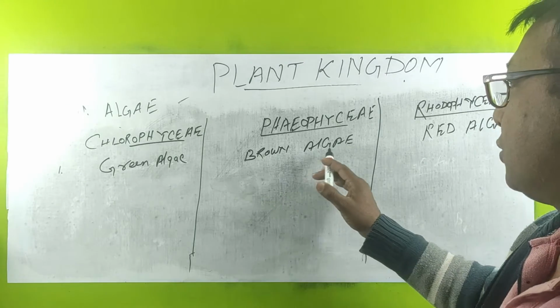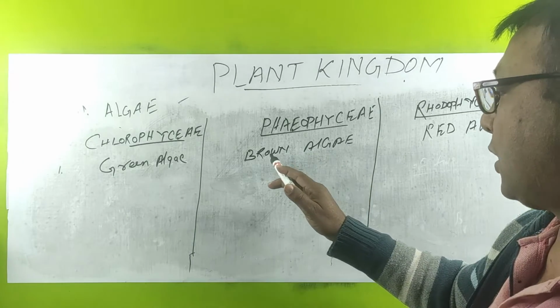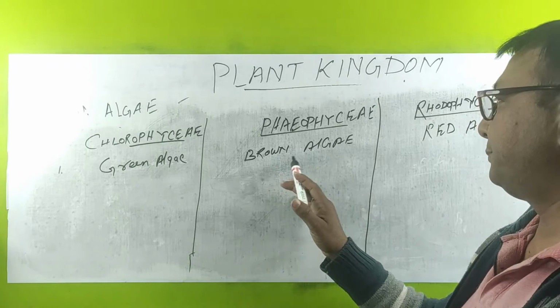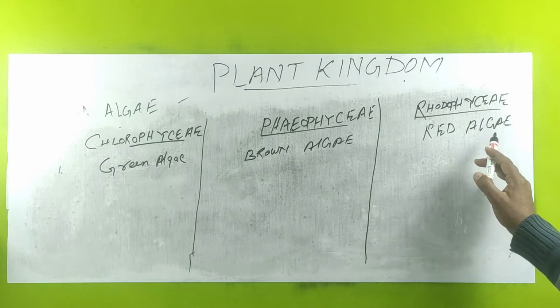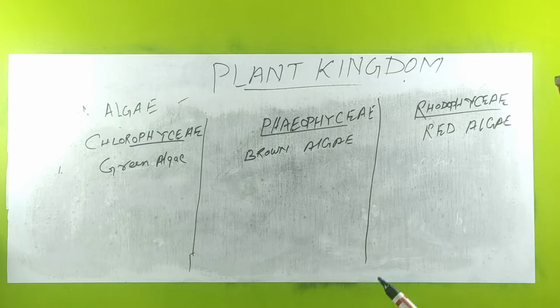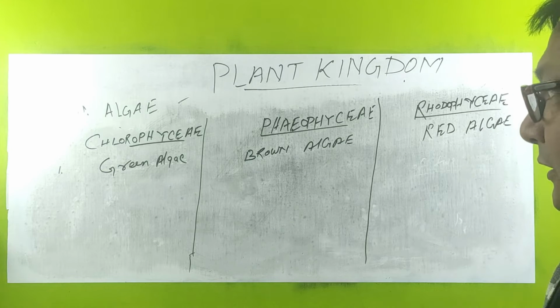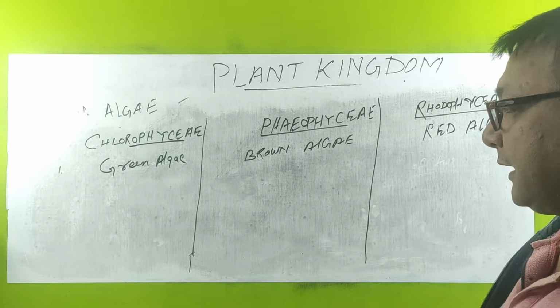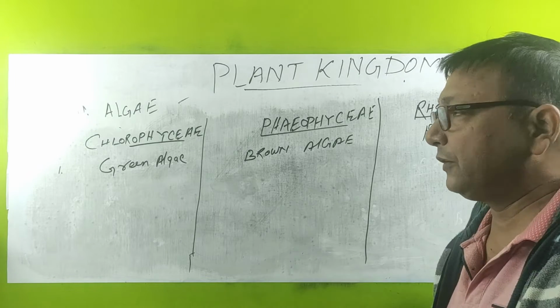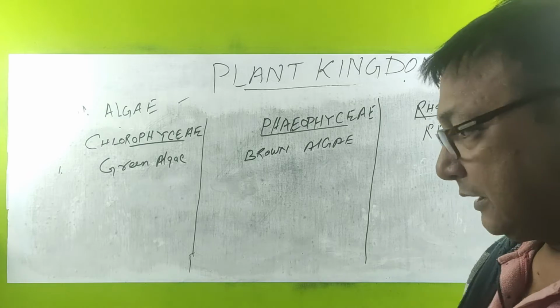When you find brown algae, it shows the presence of brown algae. When you find the oceans red, there is a presence of red algae. So you can distinguish all three by your naked eyes, and tell what type of algae are present there.